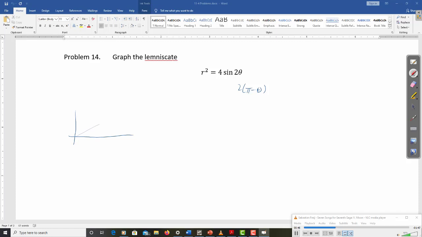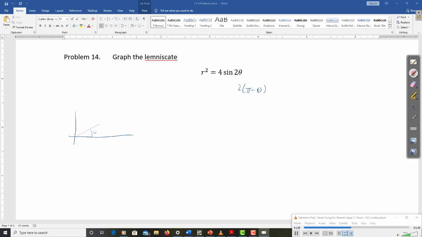If you've got theta, 2 theta could even be over here, and then pi minus that would jump back to here and have a different sign.